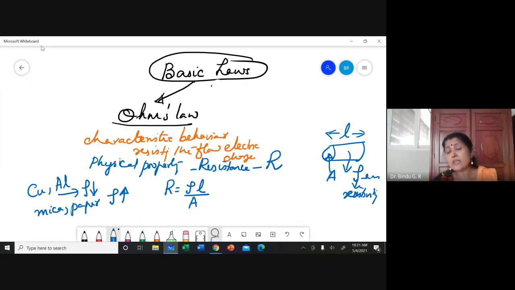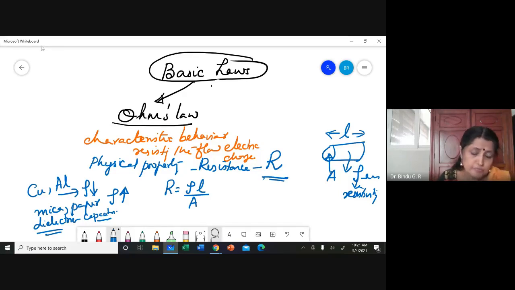And we have been using this property of mica and paper, the insulators having high resistivity, to use them as dielectric in capacitors. We'll go to that later on. But for now, I am restricting my talk again to resistance only.